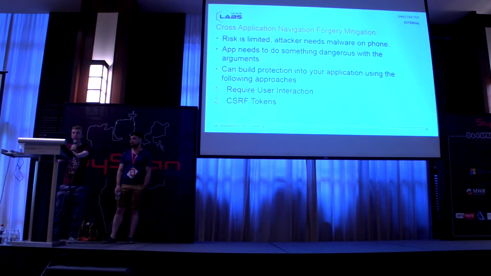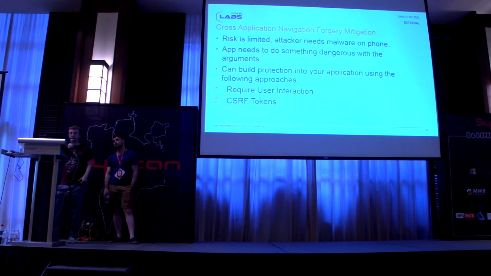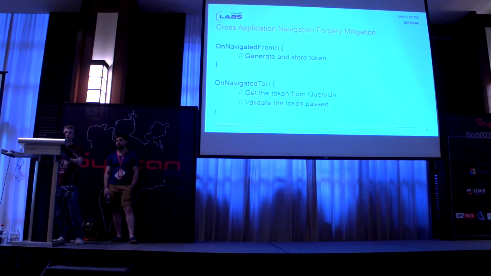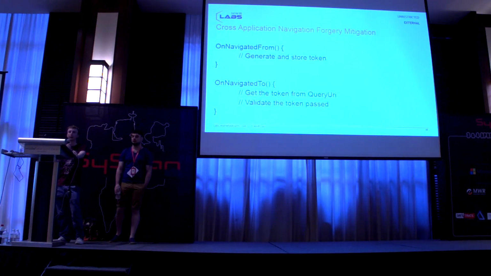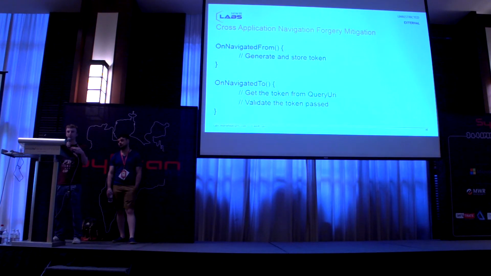The first is to require user interaction before allowing the action to occur. The second is implementing something like cross-site request forgery tokens, where in the OnNavigatedFrom method, you can generate and store a token. And then in OnNavigatedTo, you can get the token data and validate the token data passed.